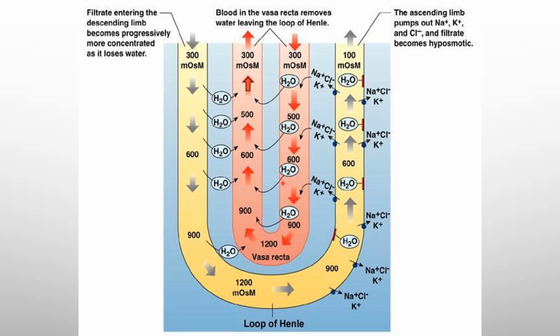Solute absorption dominates in the descending limb of the vasa recta. So this is how the blood flows in. This is the descending limb of the vasa recta, and this is the ascending limb of the vasa recta. In the descending limb, solute is more absorbed and water leaves.